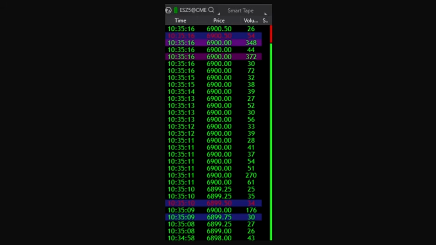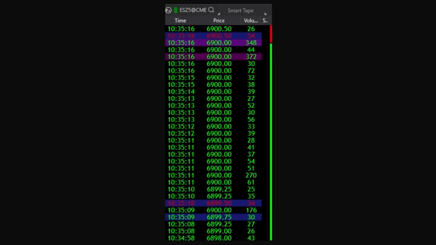Do we see a bunch of red orders coming in at 900 and then going down to 899, 898, 897? Or do we see a bunch of buyers coming in and protecting 900? In this example, we would say the pullback is very bullish. The buyers are buying up 900 very aggressively, and we are continuing to go back up. Okay?